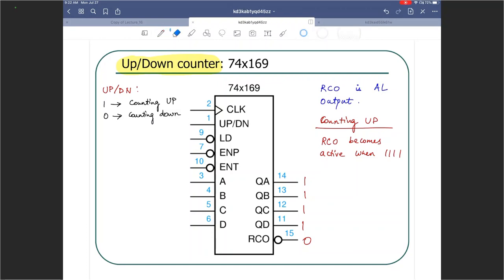Or suppose you were counting down. If you were counting down, then RCO becomes active when it is 0000.